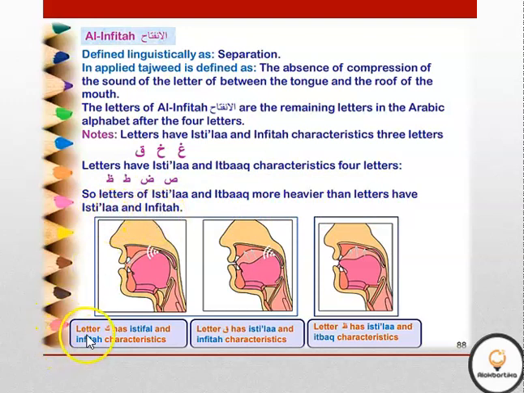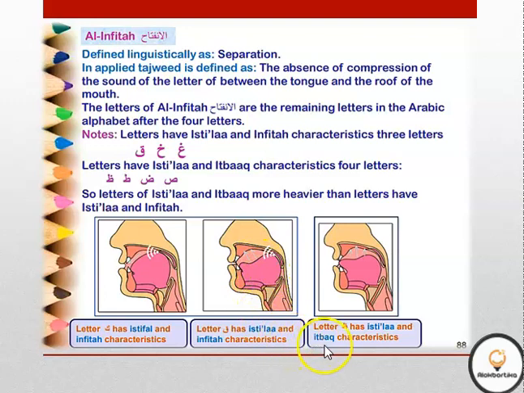So here for the letter kaf, the mouth position has been shown. Letter kaf has istifal and infitah. Kaf, istifal and infitah, both are weak. So here kaf, like that, and qaf, it has isti'ala and infitah. So see the mouth position, qaf, okay.